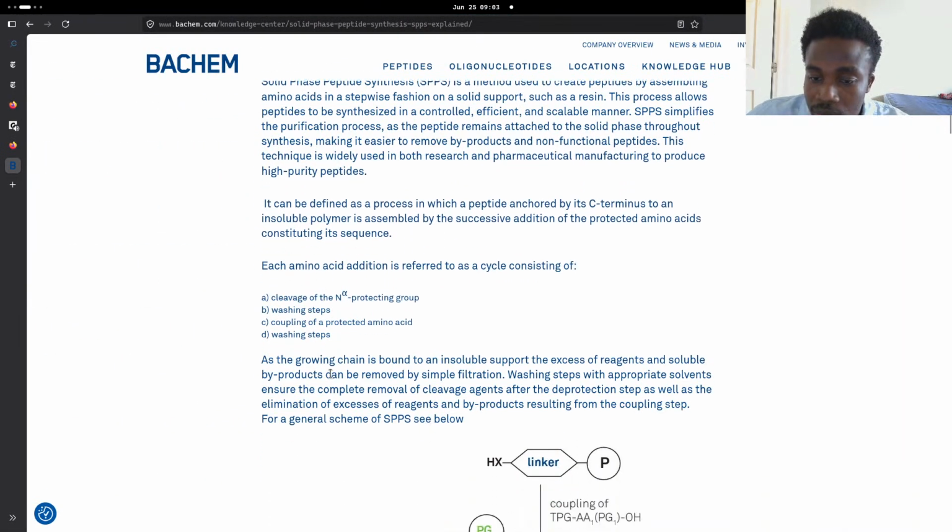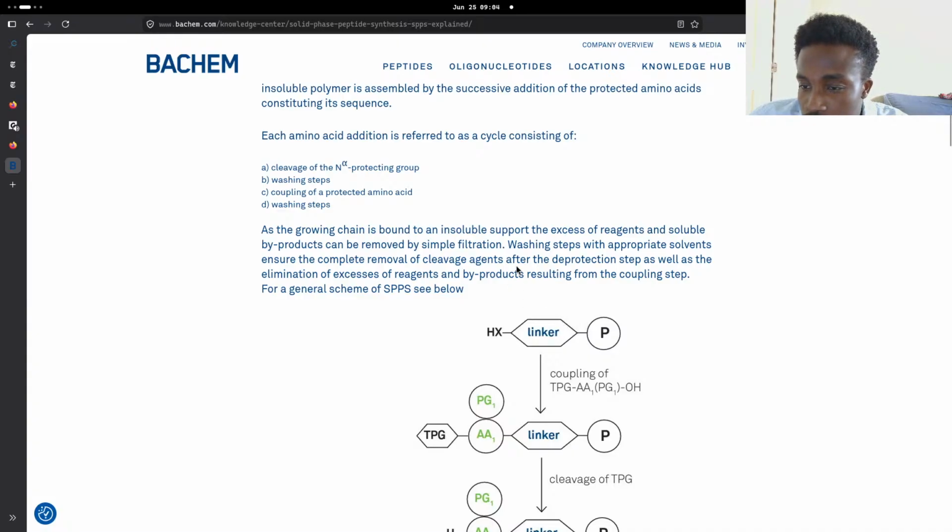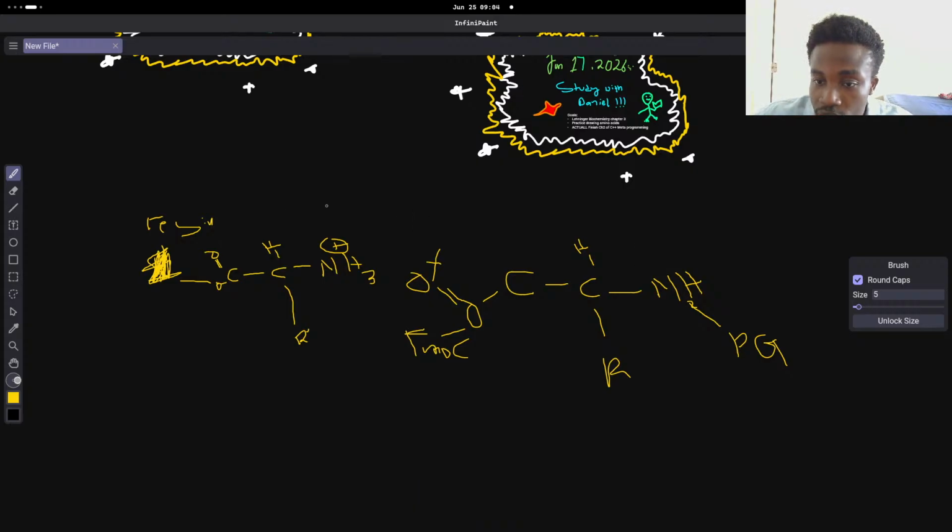As the growing chain is bound to an insoluble support, the excess of reagents and soluble byproducts can be removed by simple filtration. Cool. Washing steps with appropriate solvents ensure the complete removal of cleavage agents after the deprotection step. Yes, that makes sense because once you're done deprotecting, you don't want any more cleavage agents to come and deprotect this one before you add it, right?